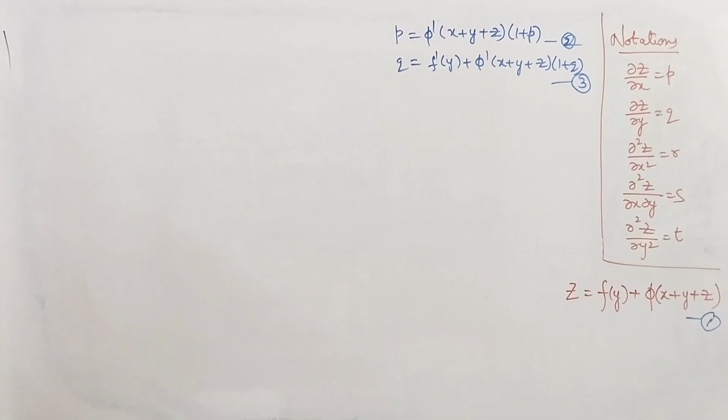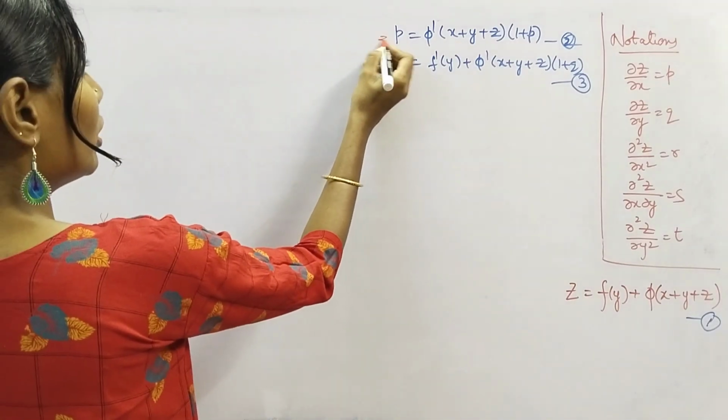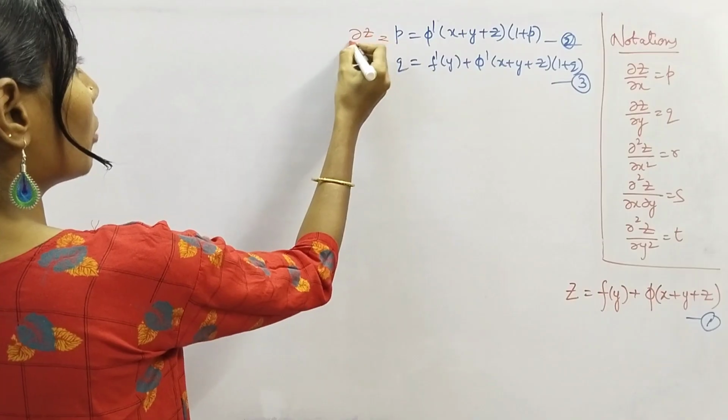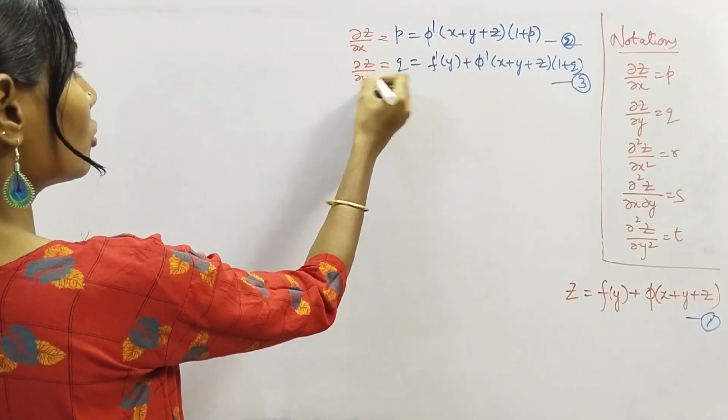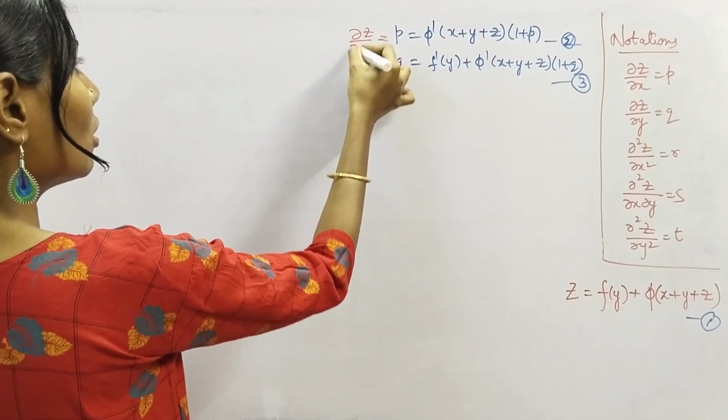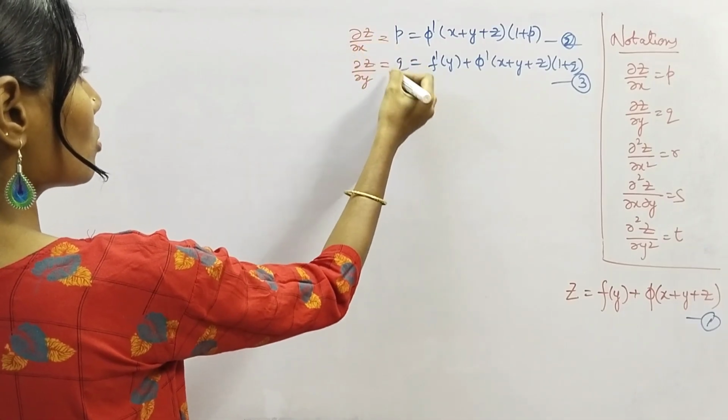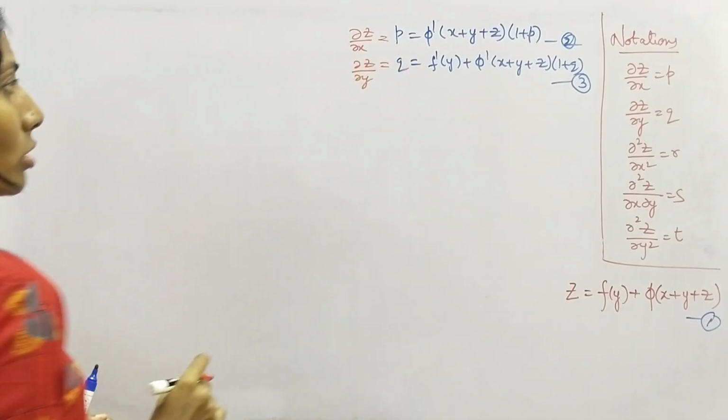We got equation 2 and 3, right, which involves p and q. We know that this p is nothing but dou z by dou x and q is nothing but dou z by dou y. Instead of taking p, you can write dou z by dou x. Likewise, instead of taking q, you can write dou z by dou y.